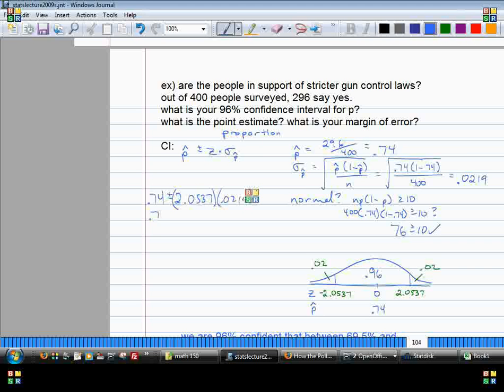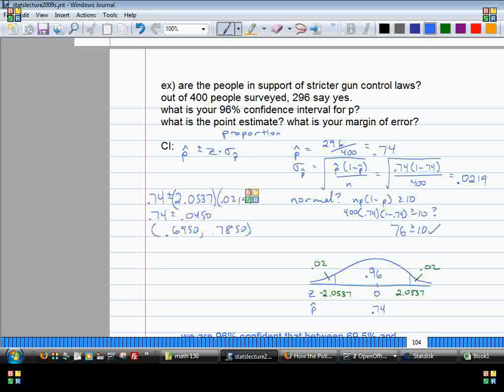That all works out to 0.74 plus or minus 0.0450, and that works out to 0.6950, 0.7850.